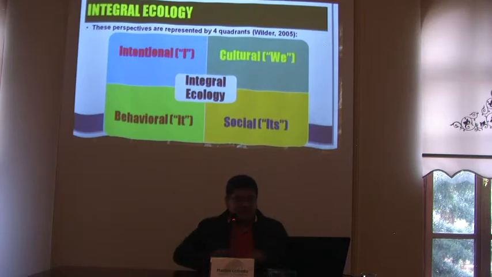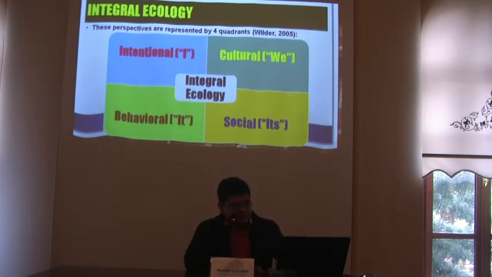In effect, when we use integral ecology to design projects and programs on disaster, these are the 4 that we need to consider. Intentional, the I, which means the victim himself, and you, the responder, the one who's helping them. What's happening with them and what's happening with you? Clarification of their intentions and their experiences, behavioral responses, etc. Cultural will be the we.